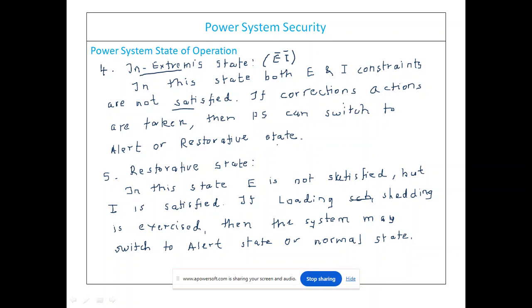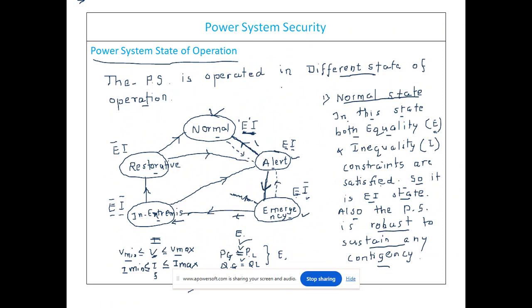Okay, so if you do something with the inequality constraint, such that the power system structure is changed, and if you bring the operating parameters, voltage and current, within the limits, then we can switch to the restorative state. So you can see it here in the diagram.